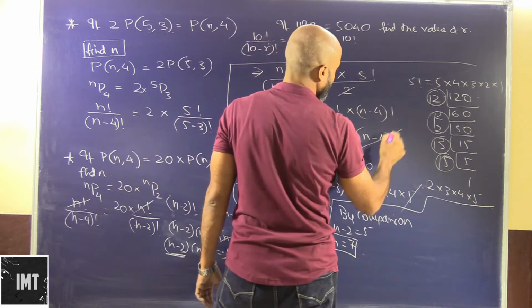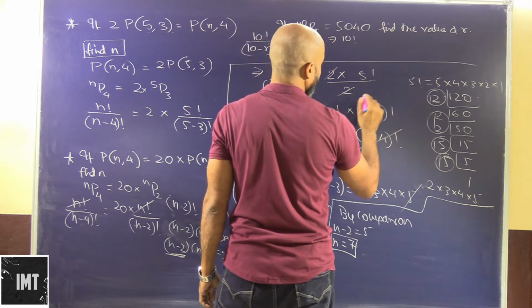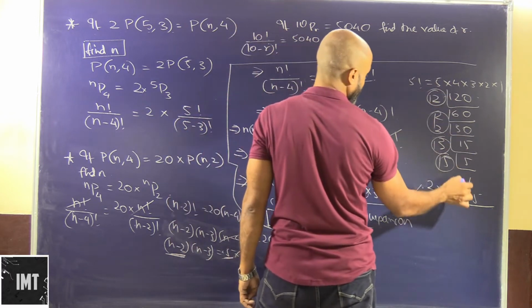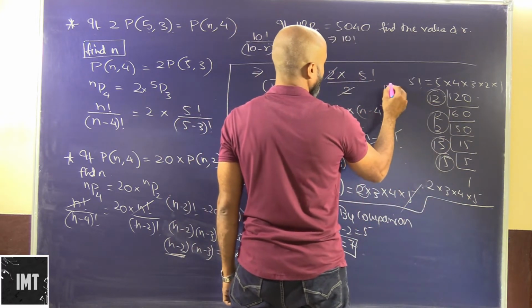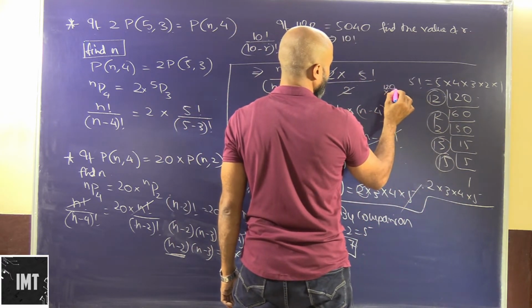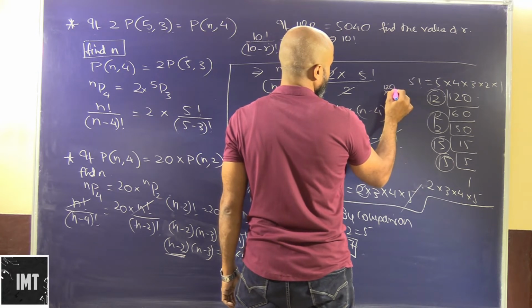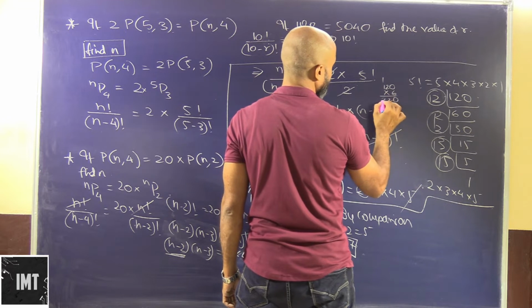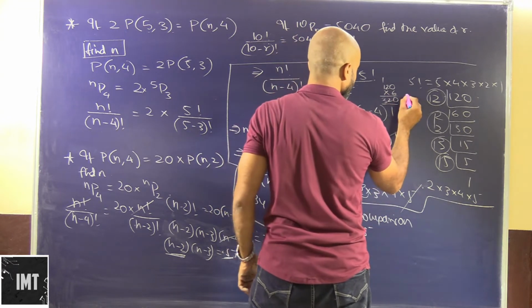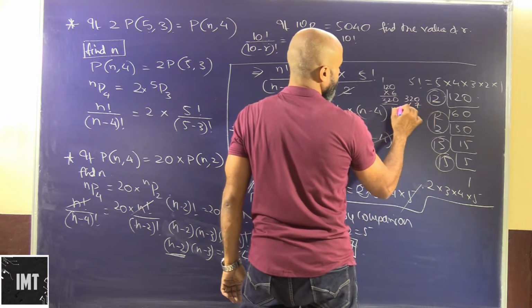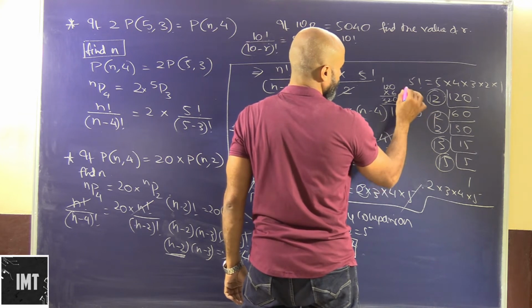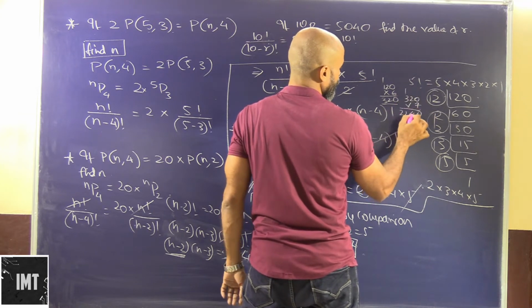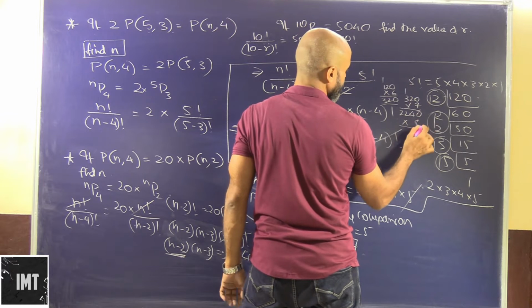If we happen to, let's say, what will be the value of 5 factorial? 5 factorial will be 120 into 6, so that will be 720, into 7, so that will be 5040, into 8.